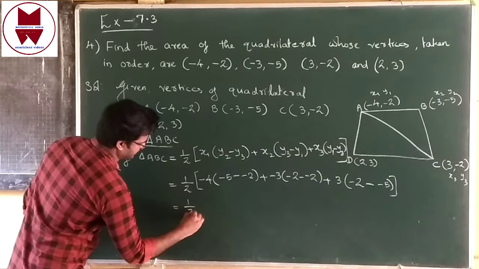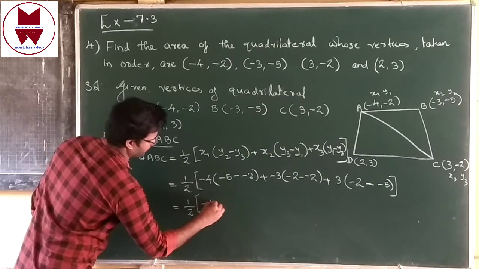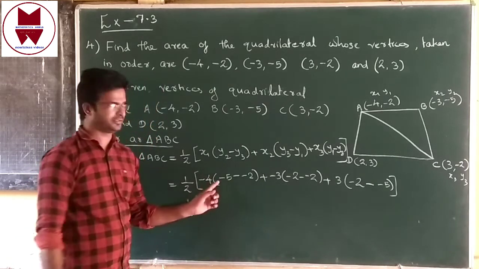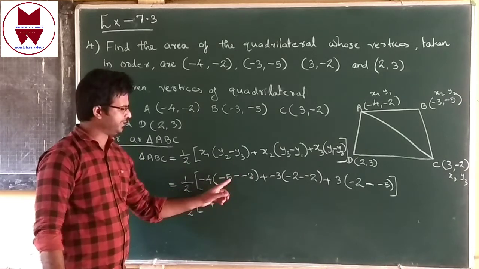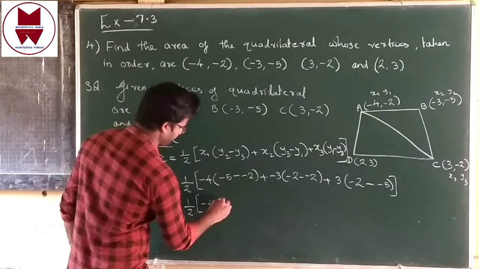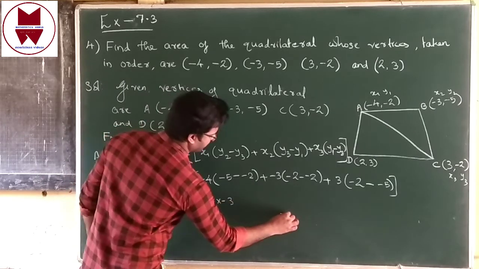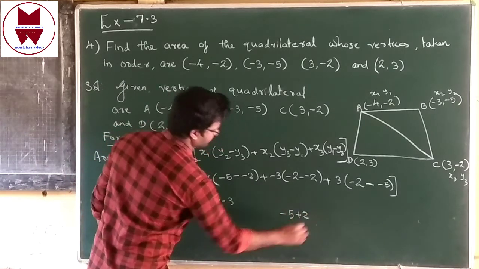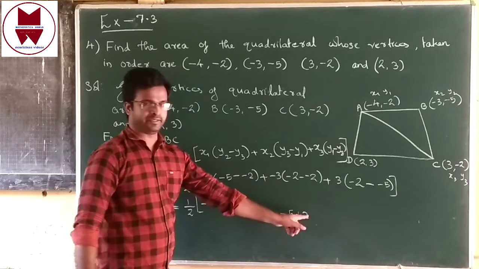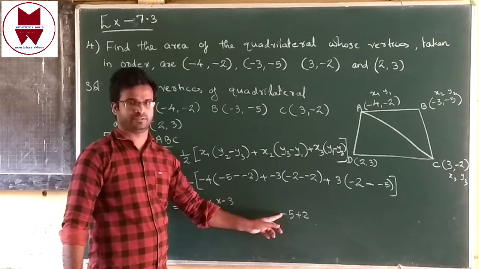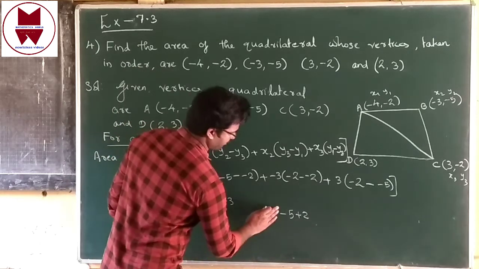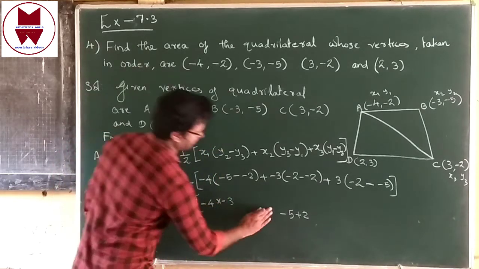Equal to 1/2 into -4. What will we get in here? -5 minus minus 2 becomes -5 plus 2, isn't it? -5 plus 2 will get -3. Check it: 5 minus 2, 3 you will get. 5 is the bigger number and its sign is minus, that's why we write -3.